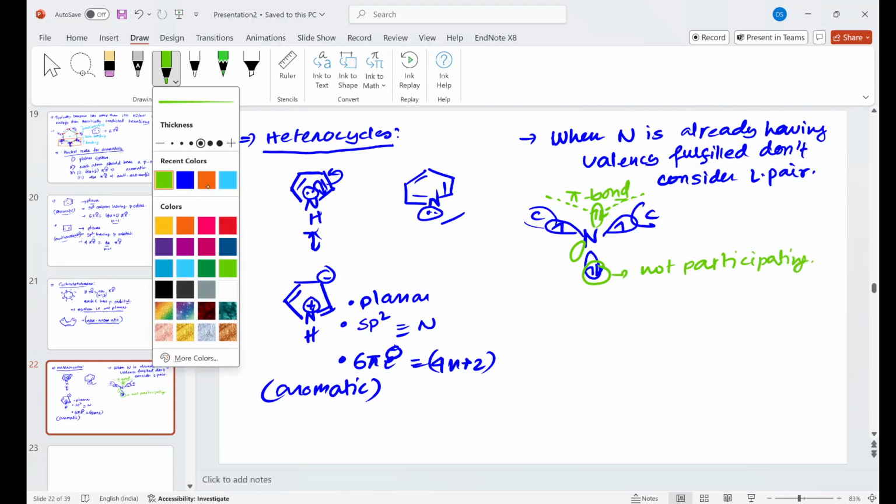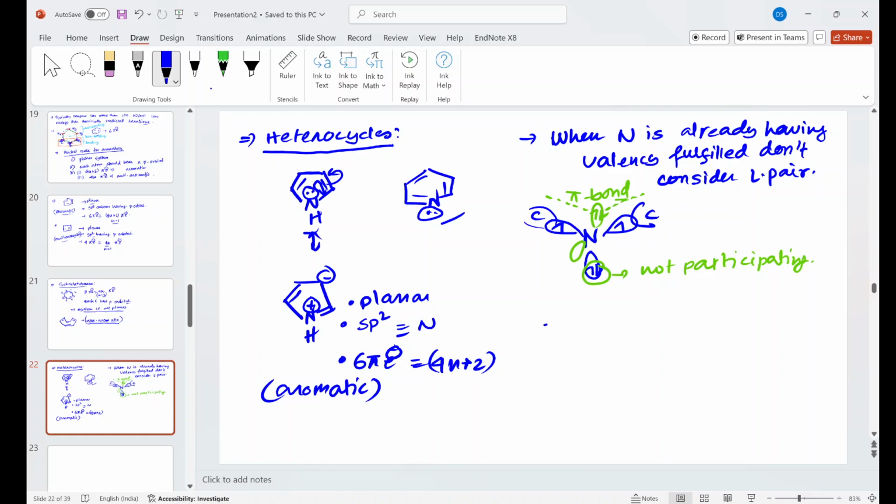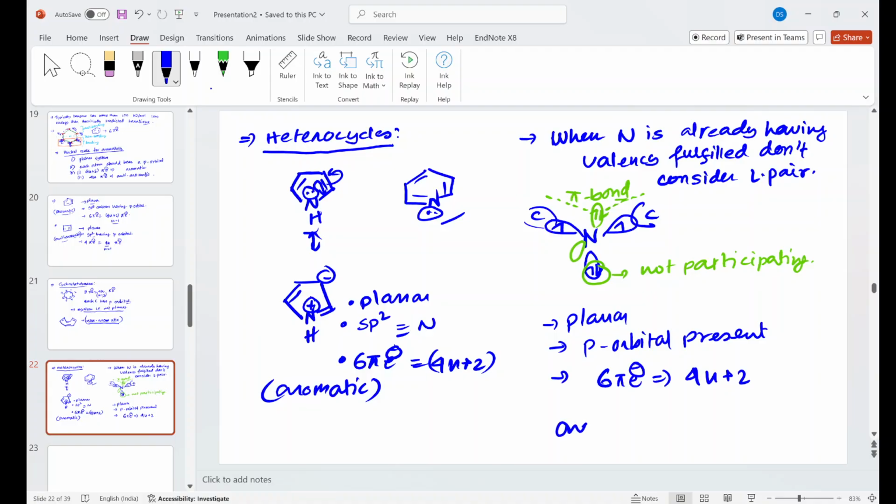So without considering that one, if you see, it is planar, then pi orbitals, and then how many? 6 pi electrons. That means 4n plus 2. So this will be aromatic.